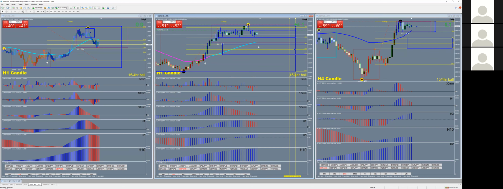Well, we just need one good push, a good, what do you call those moves, those big spike moves? Imbalance. Yeah, a big imbalance, and you come back where you want to come back to. Come get the stops.